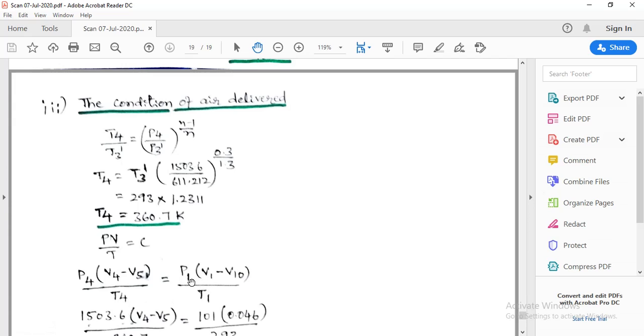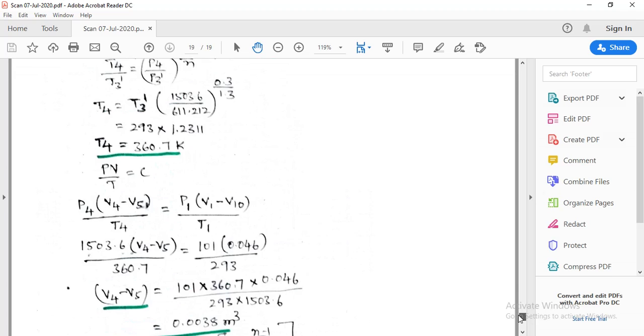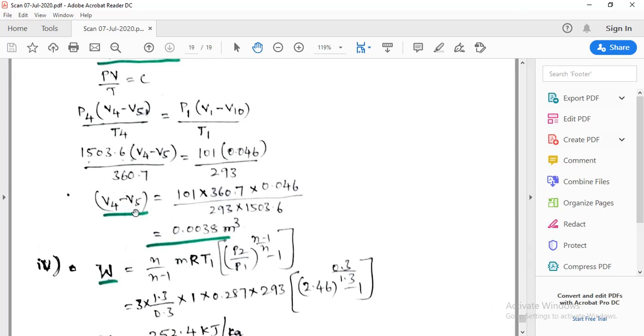In the first cylinder, the pressure is P1, and the volume entering is V1 minus V10, the effective swept volume, at temperature T1. If we substitute all these values, we can obtain V4 minus V5, which is equal to 0.0038 meter cube. So we have obtained the volume condition of the delivered air, and the temperature we have also calculated.